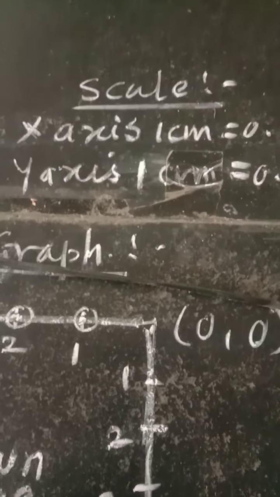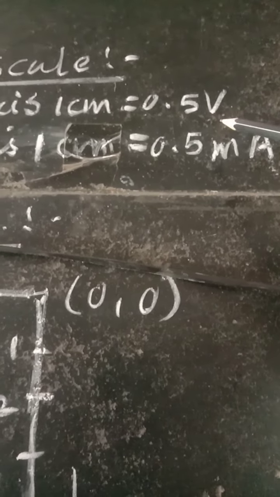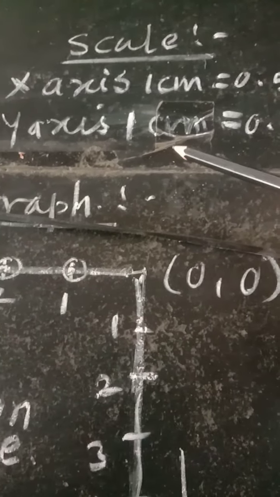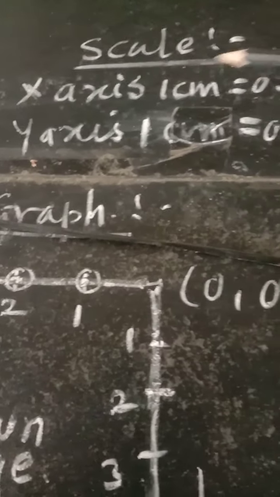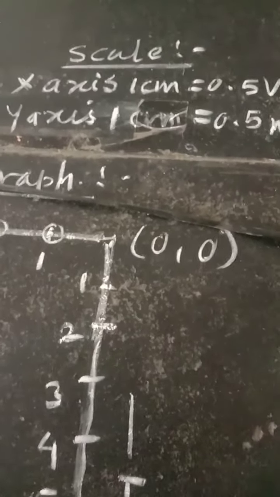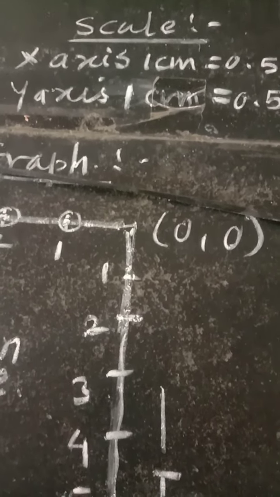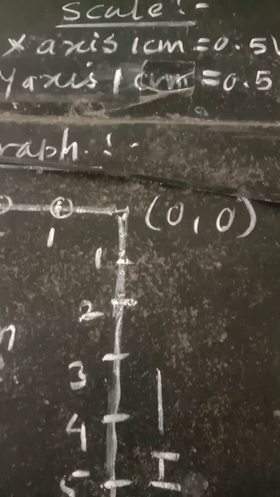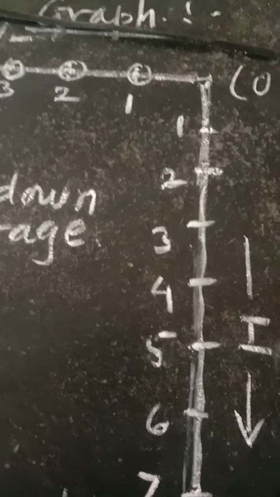So after taking the readings, now we will have to plot the graph of current and voltage, and therefore for this graph the scale will be chosen as along x-axis 1 centimeter equal to 0.5 volt, along y-axis 1 centimeter equal to 0.5 milliampere. So along x-axis the voltage will be plotted, along y-axis current will be plotted, but as this graph is for reverse bias, the graph will lie in the third quadrant, and therefore here the axes are marked as follows.